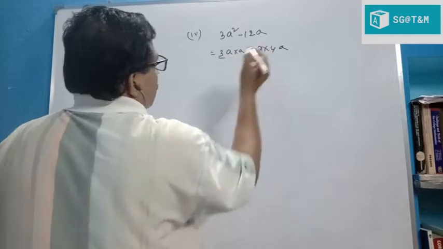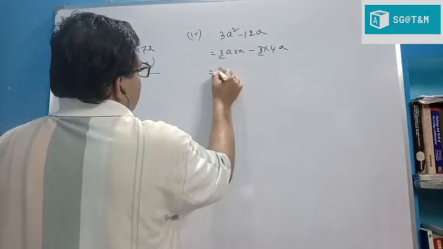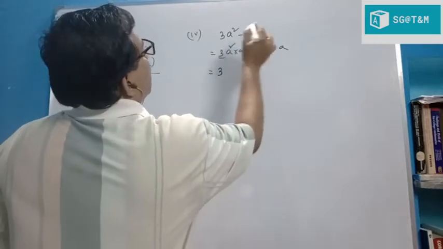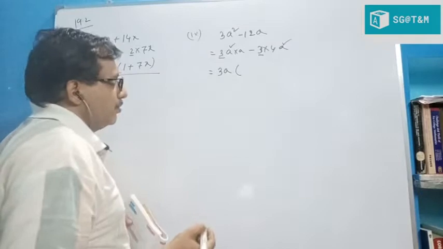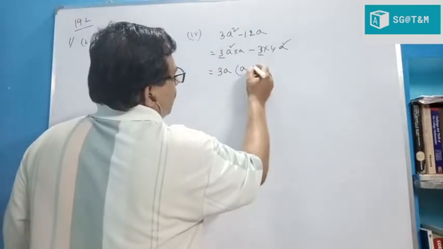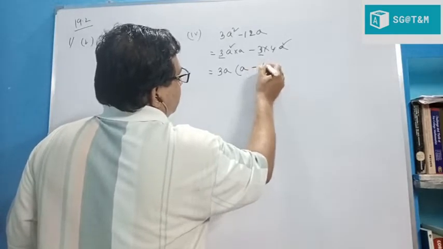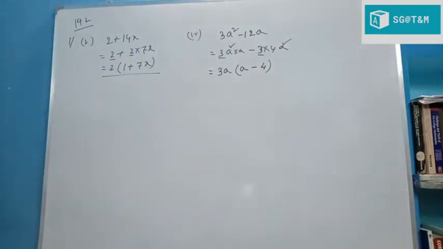So 3 is common to both, and a is also common to both. So 3a is common. From the first term we get a, and from the second term we get 4. So 3a into (a − 4) is the answer.